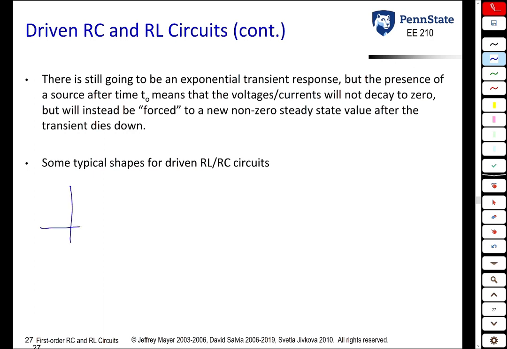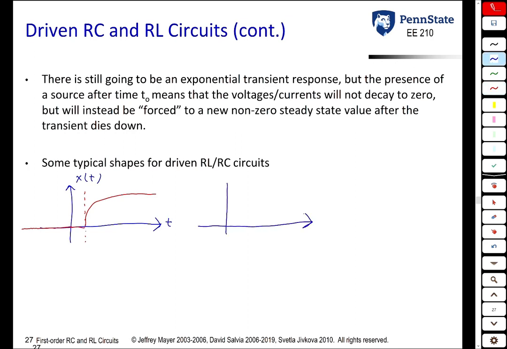For example, you could have a situation where whatever variable we're looking at starts at 0, and then at time t0, which once again does not have to happen at 0, it exponentially rises to a steady state value.